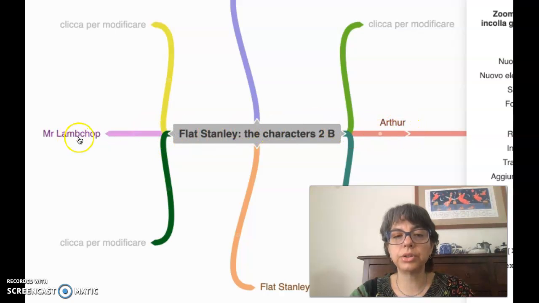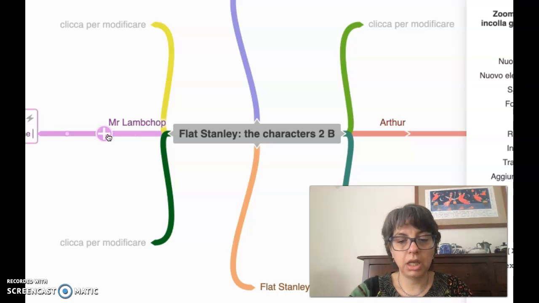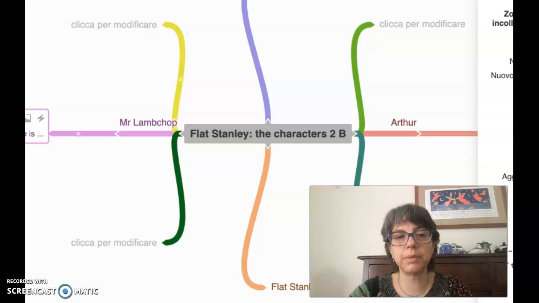But what you can do is also add other characters from the story and descriptions of the characters. For example, Mr. Lambjob, he is, and then you write something about his physical appearance and his personality.